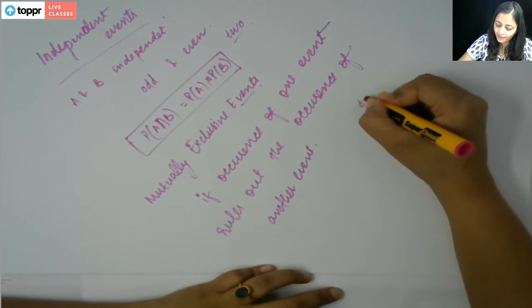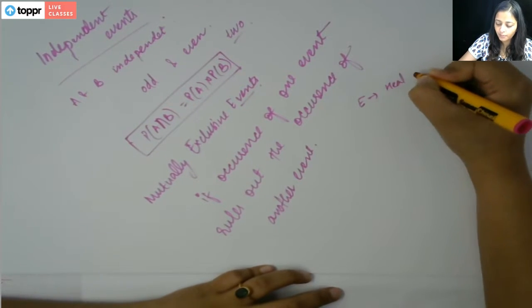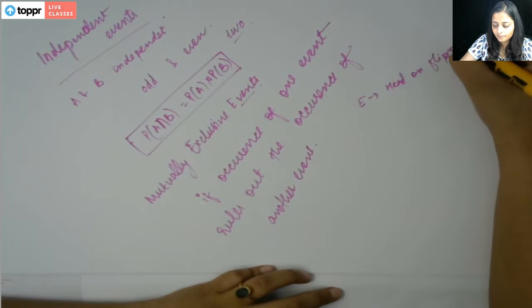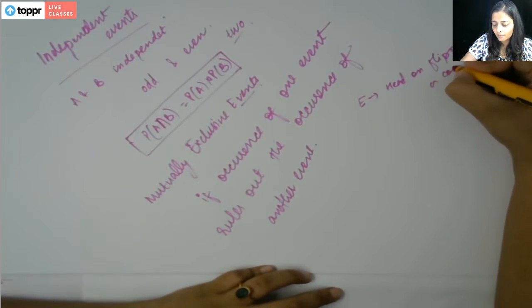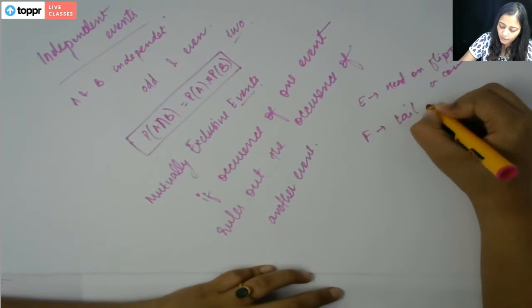If we have an event E, getting a head on a flip of a coin, and F be an event of getting a tail on flipping a coin.